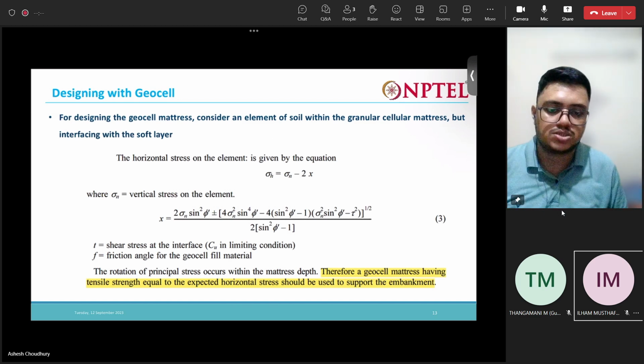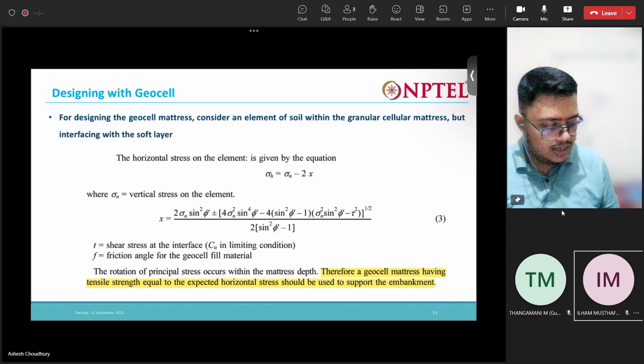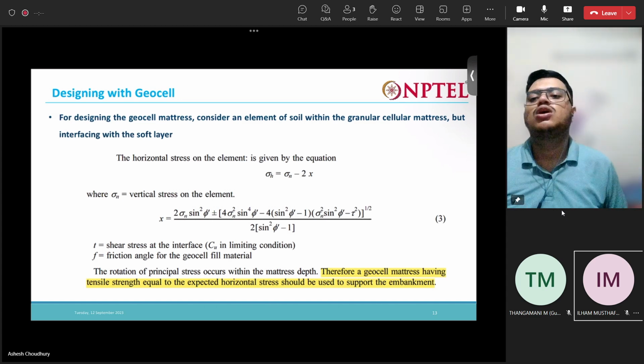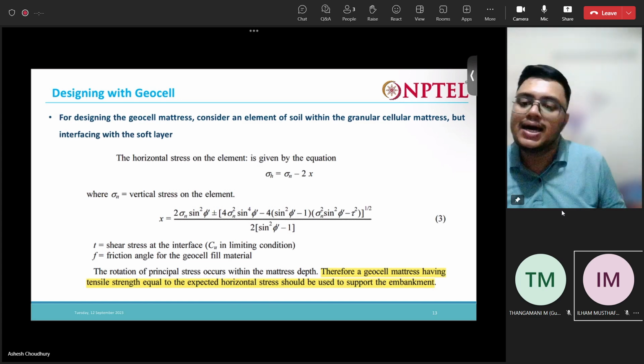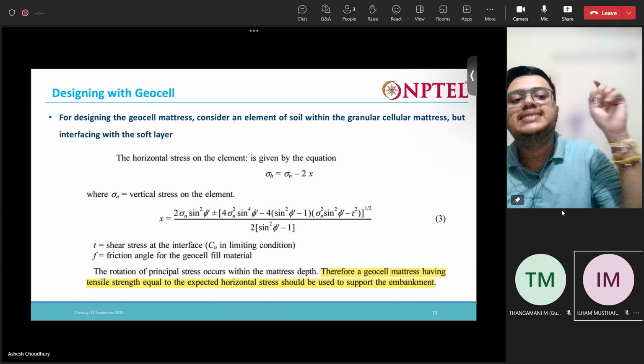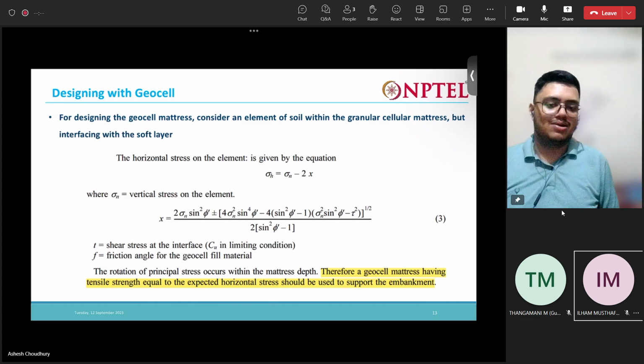Say you get sigma h equal to 50 kilonewton per meter square. That means we have to use a geocell of 1 meter height having tensile strength greater than 50 kilonewton per meter. In simple words.